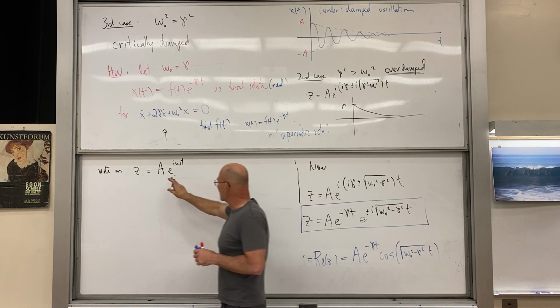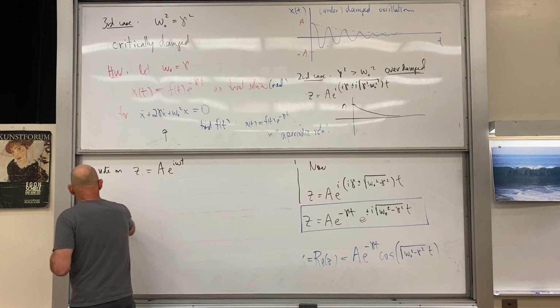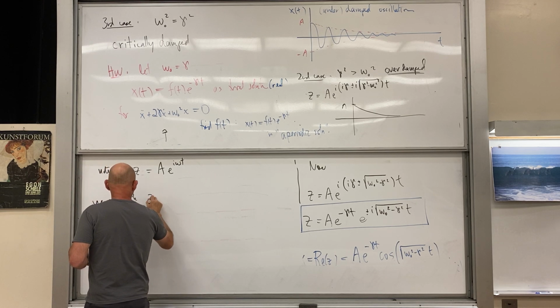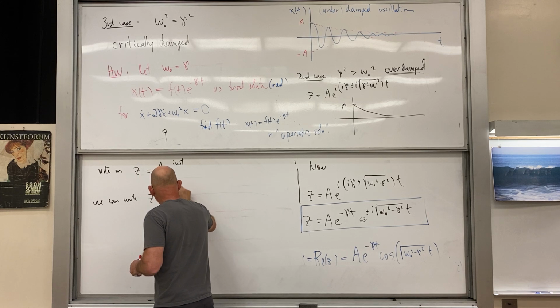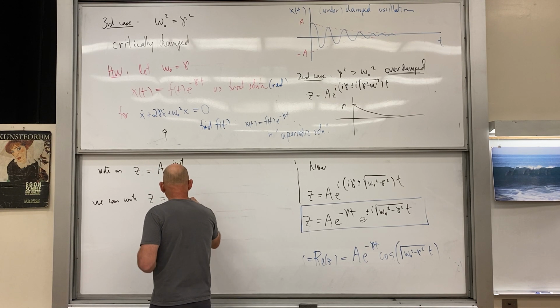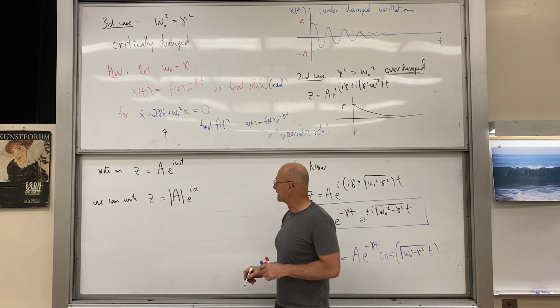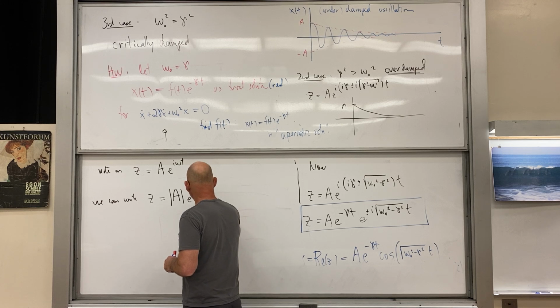So we can also write z equals the magnitude of A times e to the i alpha, times e to the i omega t.